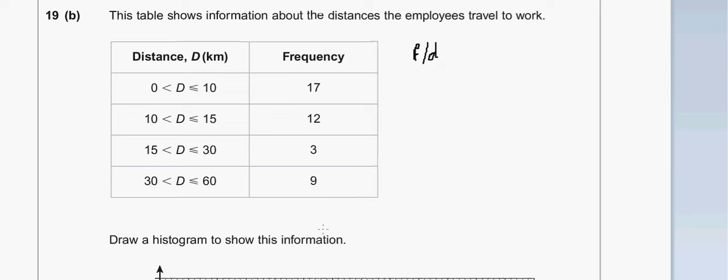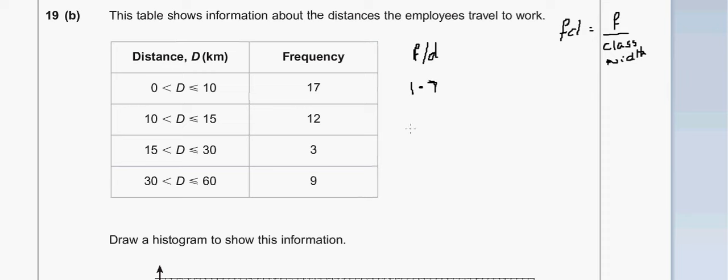And remember, frequency density is frequency divided by class width. So our frequency here is 17. Now our class width from 0 to 10 is 10. So 17 divided by 10 gives us a frequency density of 1.7.